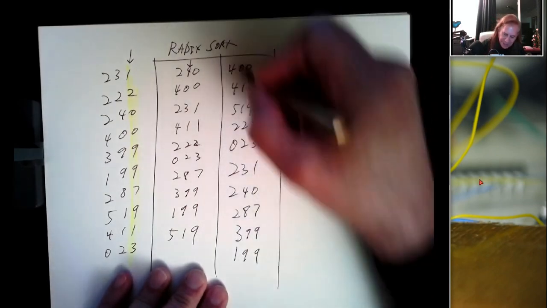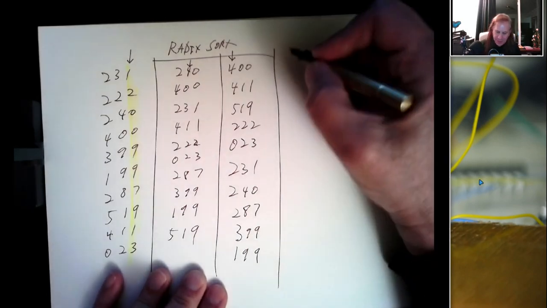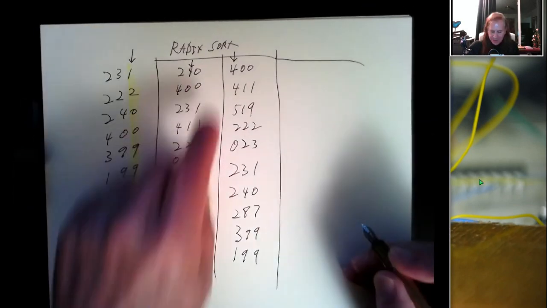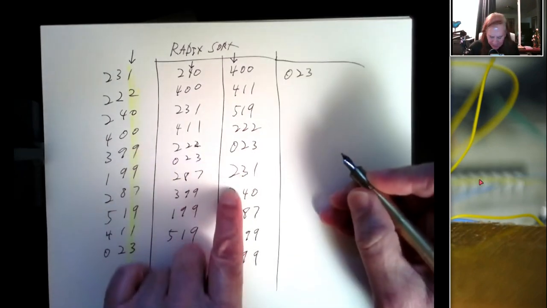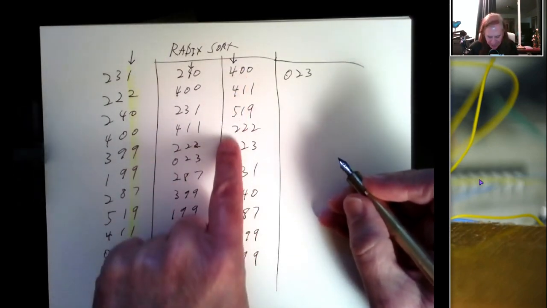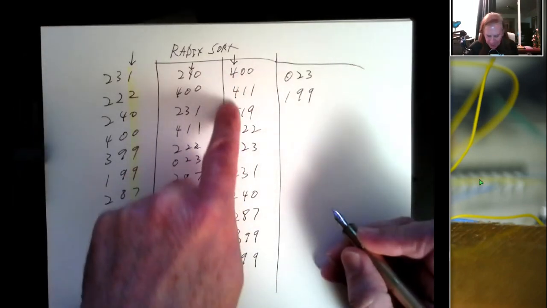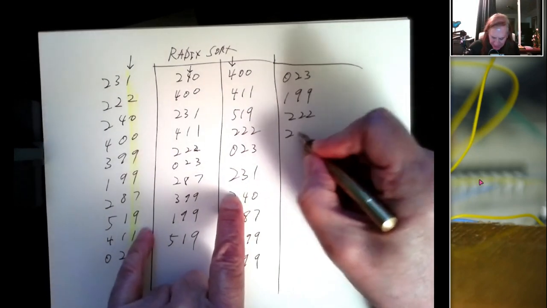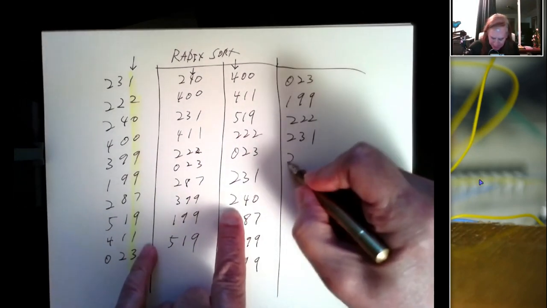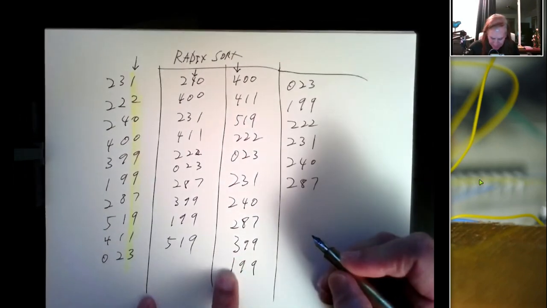Alright, and now I've got to do one more pass, and I'm going to sort by most significant digit. And so I'm going to go through, find anything that has a 0 in the beginning. There's a 023. Anything with a 1 in that first position, there's a 199. Anything with a 2, there's a 222, and there's a 231, and there's a 240, and there's a 287.